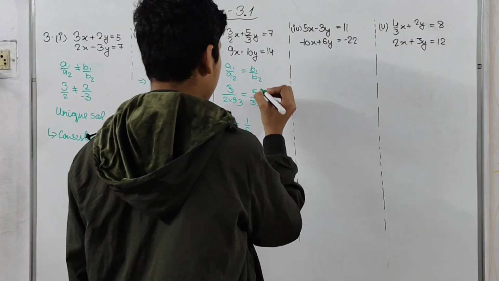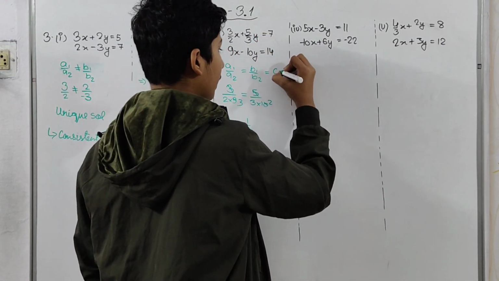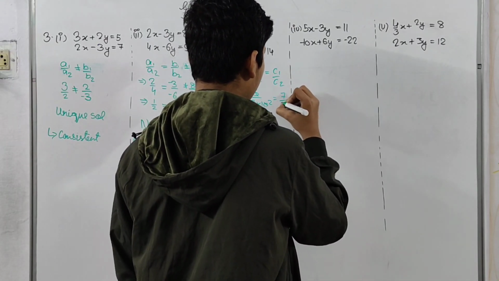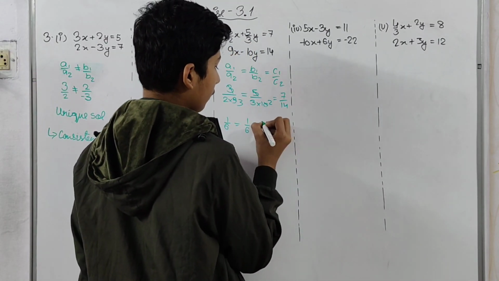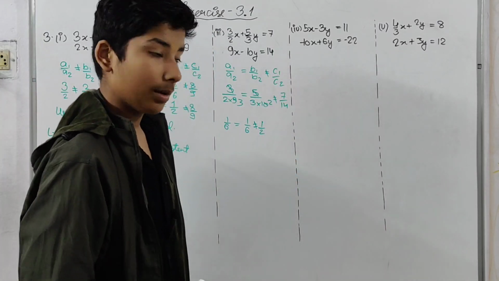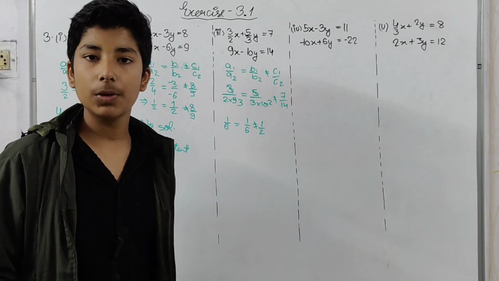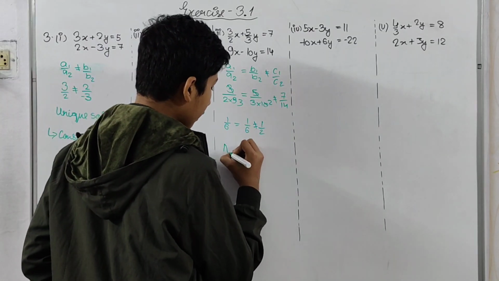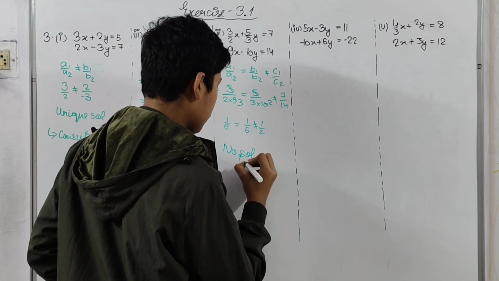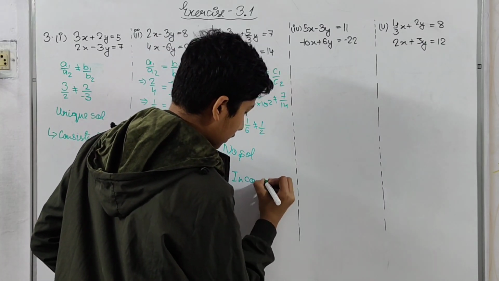Now these are equal, so we'll bring C1 upon C2, which is 7 by 14, 1 upon 2. But this one is not equal because 1 by 6 is equal to 1 by 6 but not equal to 1 upon 2. Means it is again no solution. So it is inconsistent.